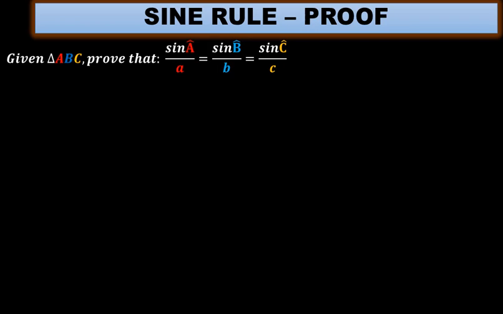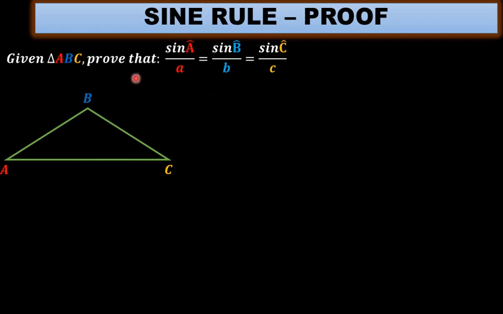Now let's have our triangle. You are given triangle ABC, and let's remember how we label the sides of our triangle. The side that is opposite to angle A will be small letter a, the side that is opposite to angle C will be small letter c, and the side opposite to B will be small letter b.